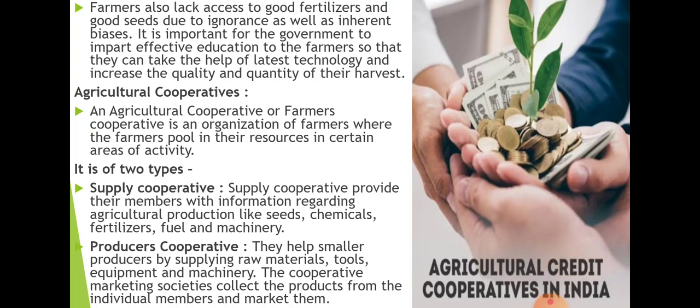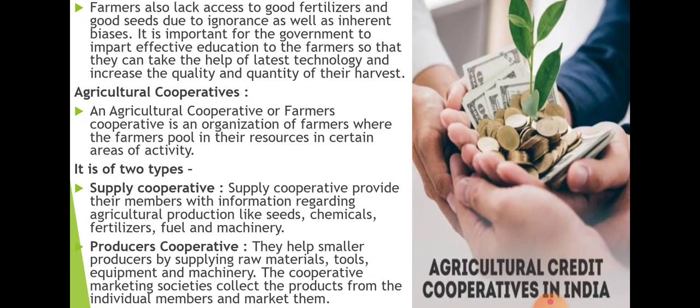It is the responsibility of the government to take the initiative to resolve these problems, so that the farmers who produce goods and fulfil our needs can be kept free from all these problems. This is what we have to understand.